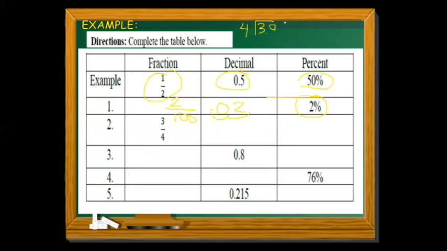Ayan. 30 divide 4 is equals to how many? Is equal to 7. So 7 times 4 equals 28. Ayan. So minus becomes 2.